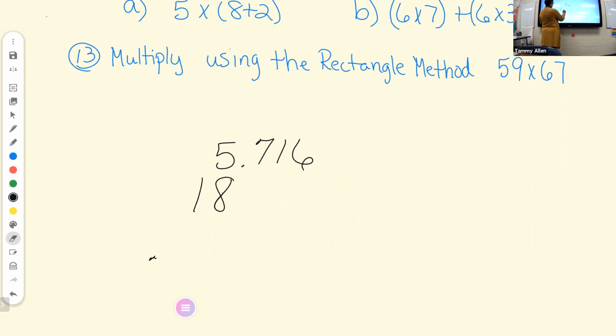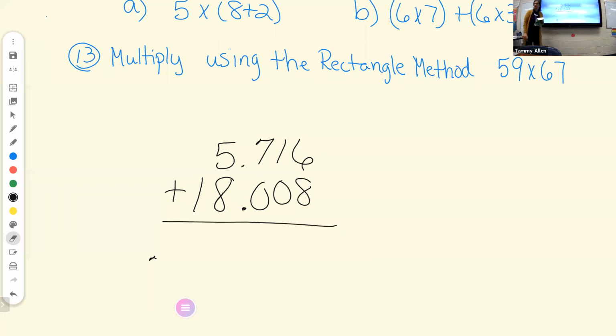What else does it line up for us? It lines up all of our place values. That's the point of lining up that decimal point, because we need to add thousands to thousands and hundreds to hundreds and so on.